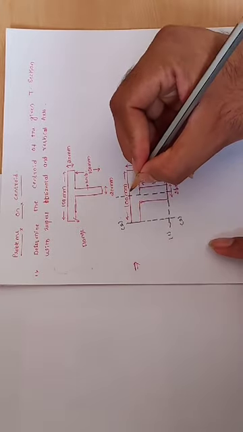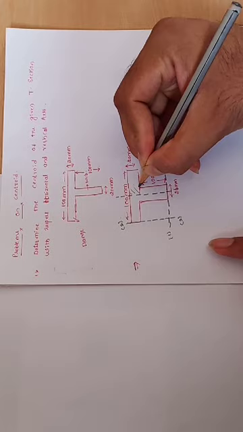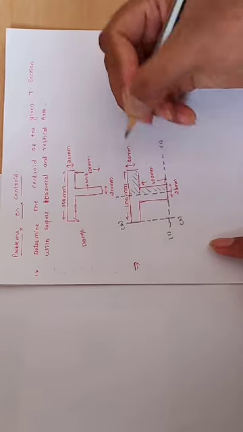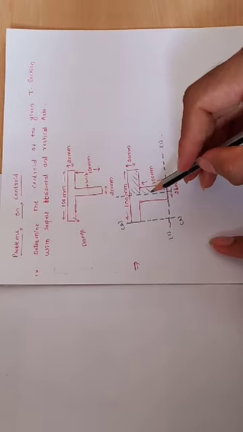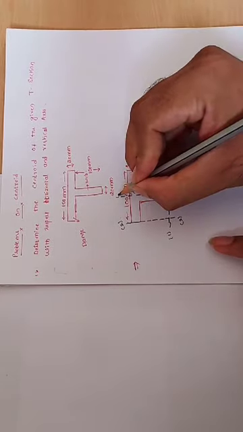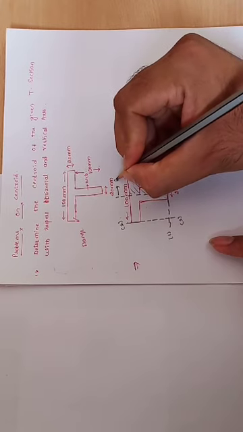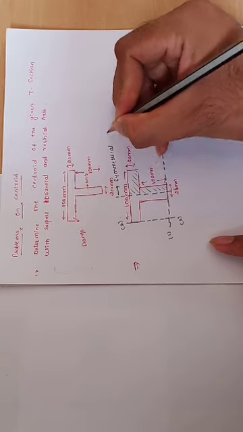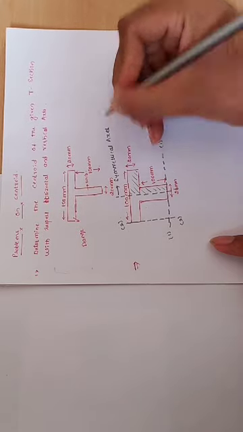It means the replica of this portion will coincide on the left position. So this one acts as your symmetrical axis.